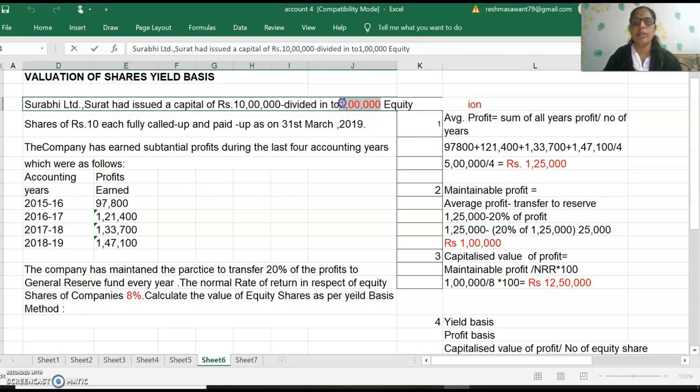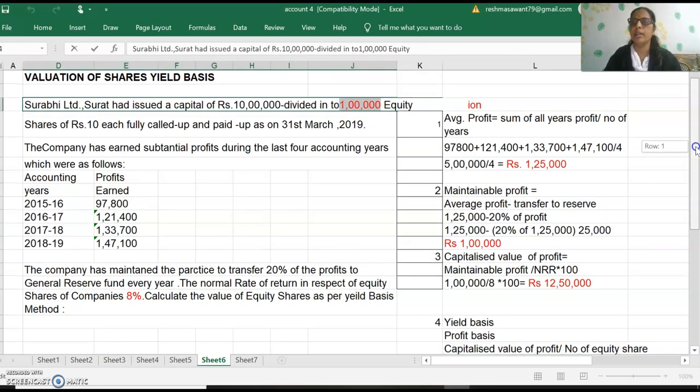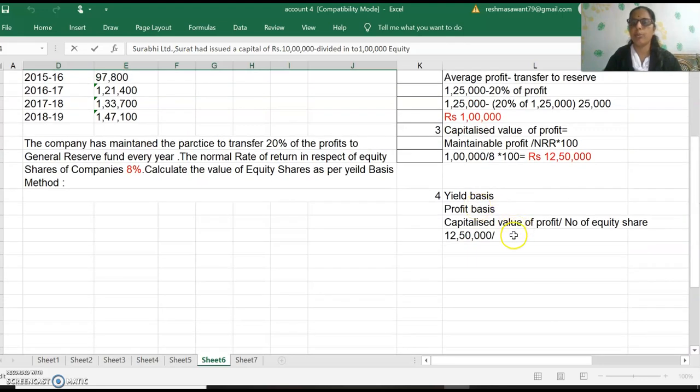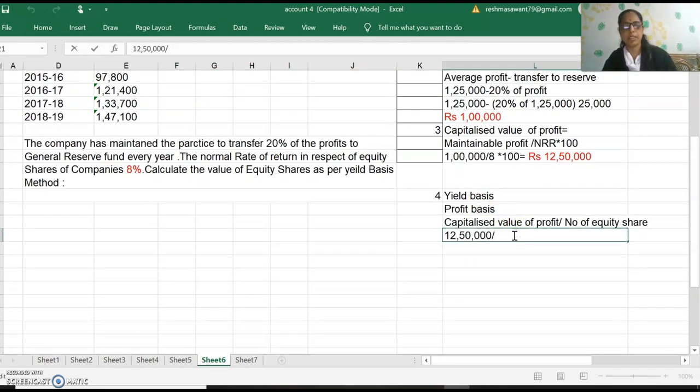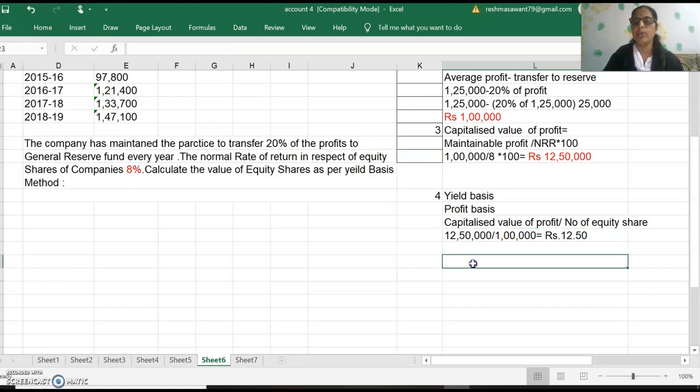So 12,50,000 divided by the number of equity shares gives you the per share value as per yield basis method, that is 12.50 rupees per share, the value of each equity share as per yield basis method.